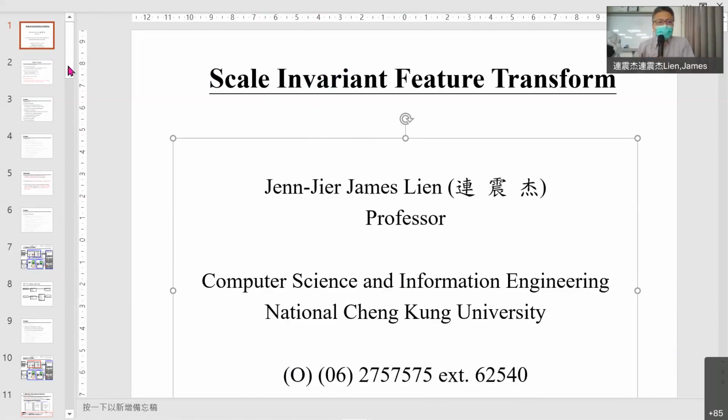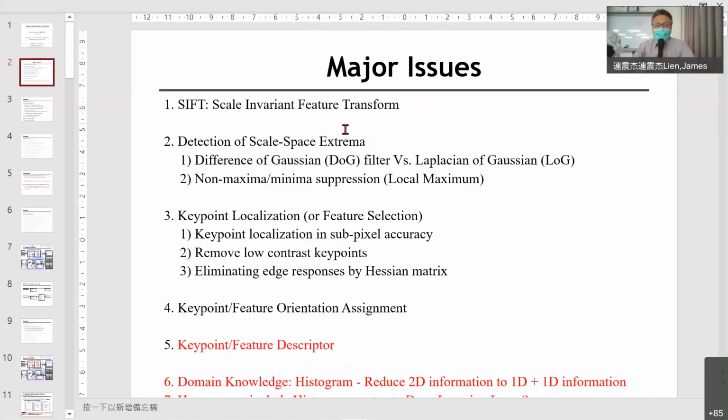So in this lecture I will teach you some technology about edge detection. I said I don't teach image processing here, but I teach image processing in the other Monday class.